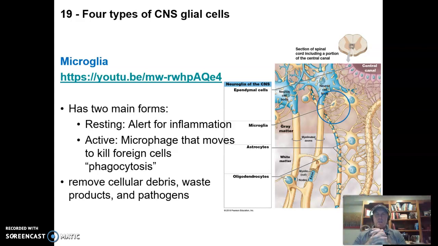So they're kind of like on high alert garbage men. They're sitting there waiting for something to come in, and once they see something is there, they immediately switch gears and go into phagocytosis to be able to gobble these things up and then get rid of them.